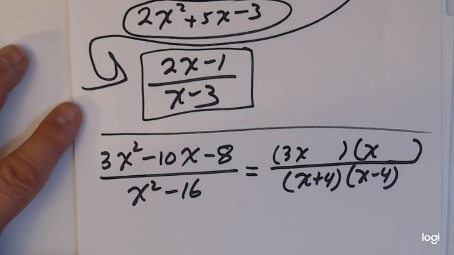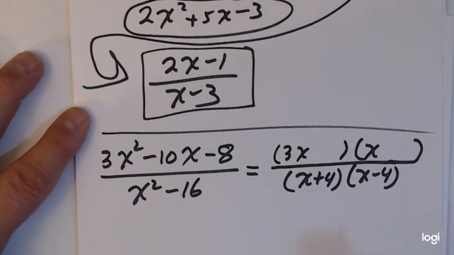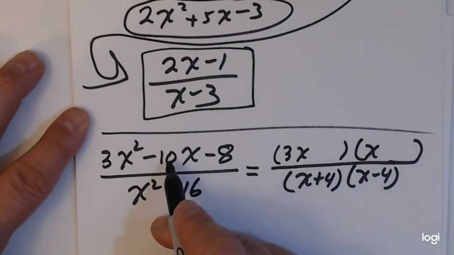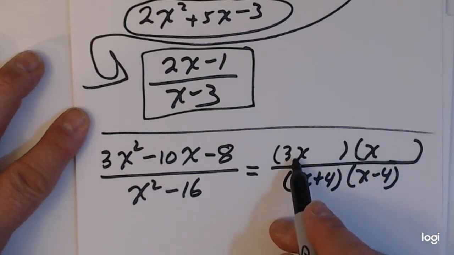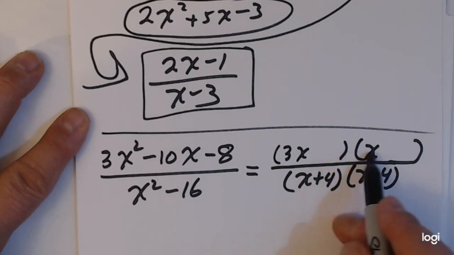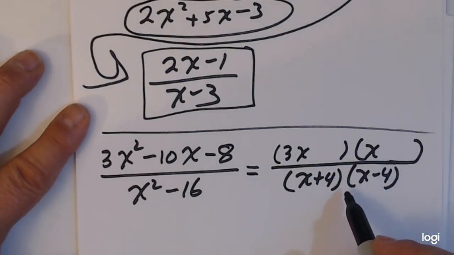Okay, so the question is, where does the 4 go and where does the 2 go? We have a minus 10 here. Negative 4 times 3 is negative 12, and plus 2 times x is plus 2x, so negative 12x plus 2x is negative 10x, and that's what we have in the middle here.